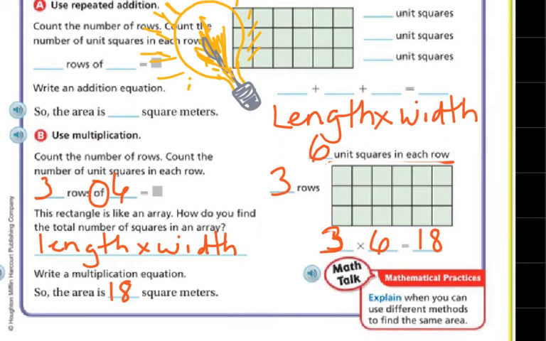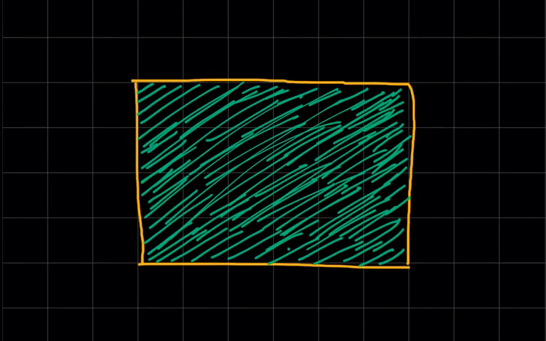Okay, let's look at one more problem together, and then I will set you off to work on your own and show me just how smart you are. I know you're going to have no issues with this at all. So here we have a rectangle, and let's just review the various ways we were told that we can figure this out. Number one was to count the squares, and you can draw lines if they have shaded it all the way in.